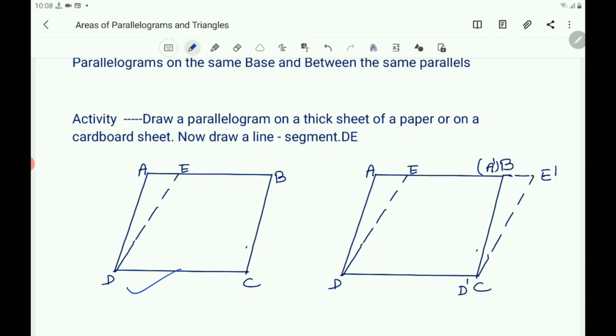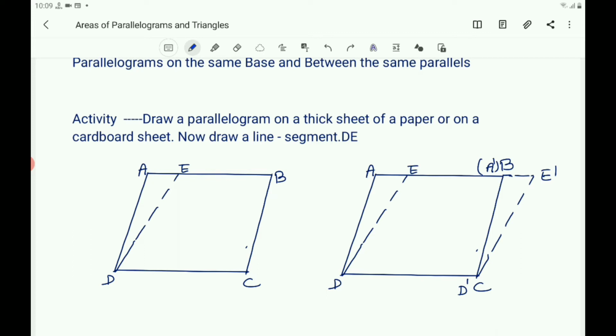Draw a parallelogram on a thick sheet of paper or cardboard sheet, and after drawing the parallelogram, draw the line segment DE. Next, cut a triangle A' D' E' congruent to triangle ADE.